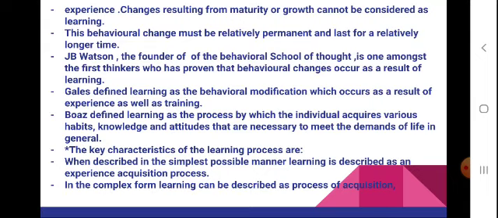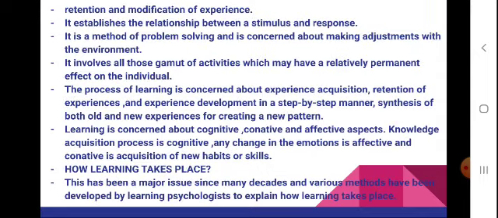In the complex form, learning can be described as a process of acquisition, that is acquiring, retention and change of experience. It establishes the relationship between a stimulus and response. Next, it is a method of problem solving and is concerned with making adjustments with the environment.